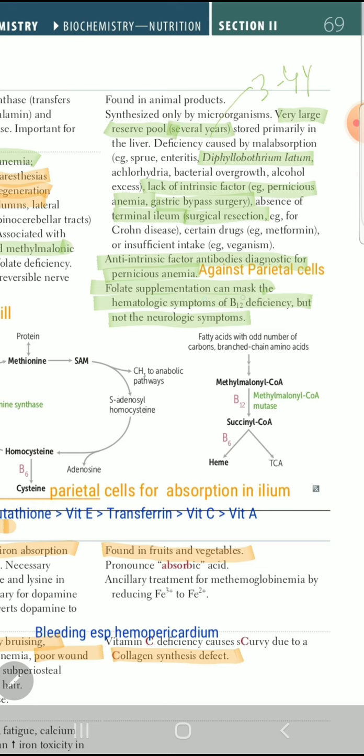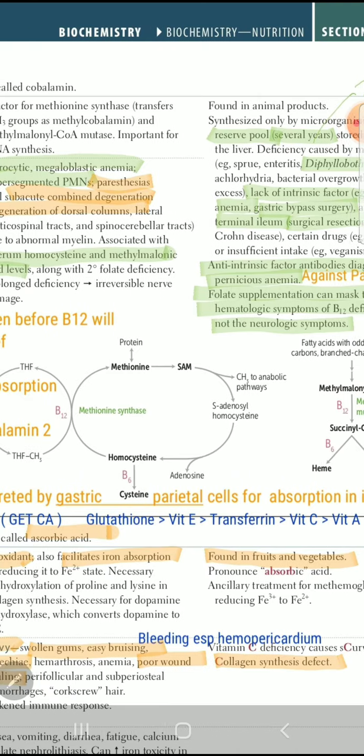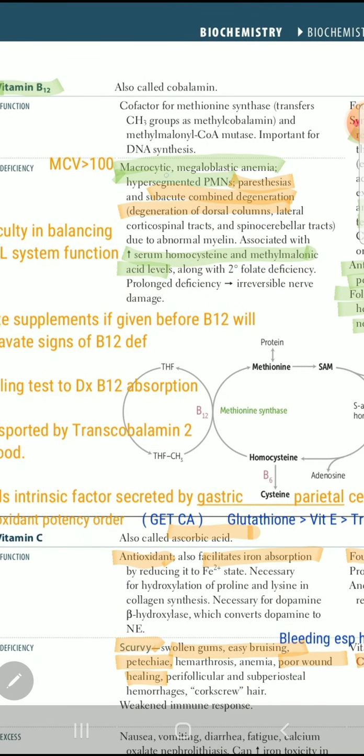Also, folate supplementation can mask the hematological symptoms of B12 deficiency, because hematological symptoms are due to folate as well as B12. So if more folate is given, it will cover up the B12 deficiency, but not the neurological symptoms. They are specific to B12. So if neurological symptoms are present with megaloblastosis, it is automatically B12 deficiency.